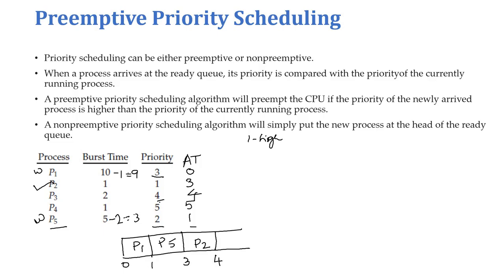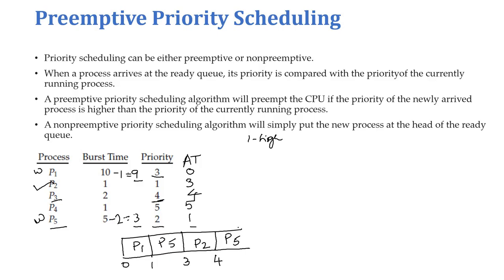Now we need to compare the priorities of all these. P5 has remaining time 3 and priority 2. P1 is already in the ready queue with burst time 9 and priority 3. The newly arrived process P3 has priority 4. So P5 will start executing, because its priority value is the lowest.